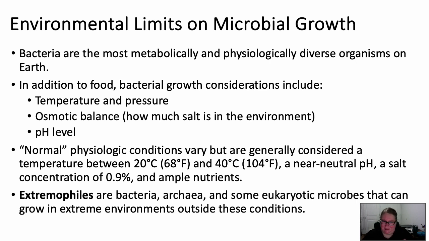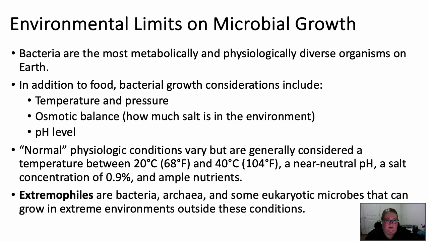Near neutral pH, so something like 6.8 to 7.2. So right around that 7 mark on the pH scale. A low salt concentration of around 0.9%. So very, very light on the salt in normal conditions. And normal conditions are going to have enough nutrients to support life. Okay, so this is normal. We fit into this normal category right here.